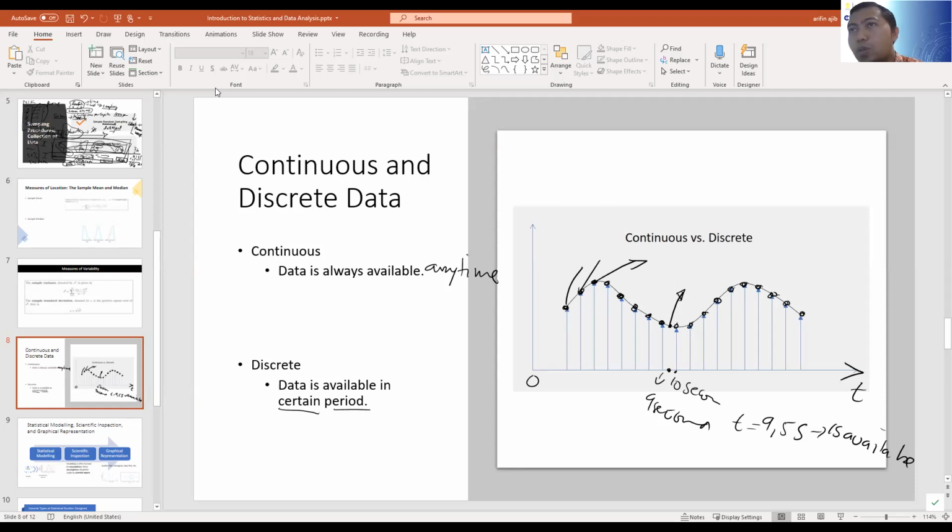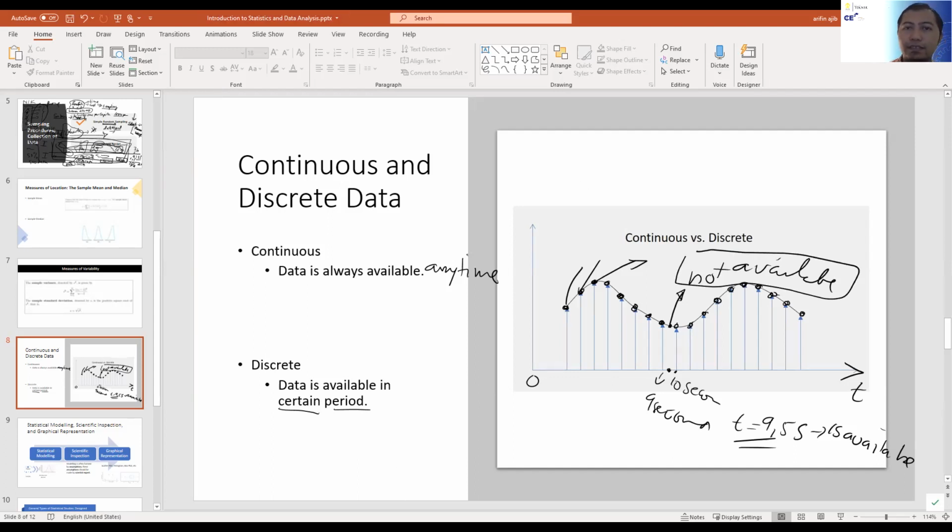And if you want to know the data at time t equal to 9.5 seconds, the data becomes not available. Okay, that's the point. That's all.